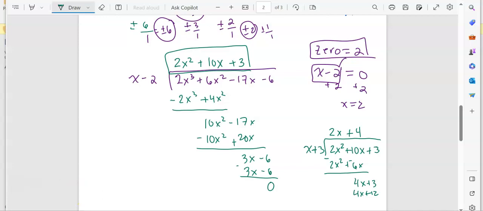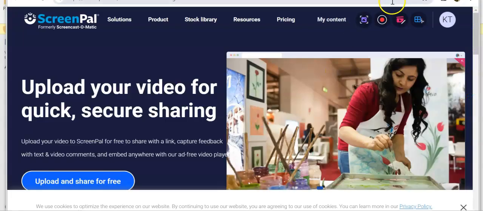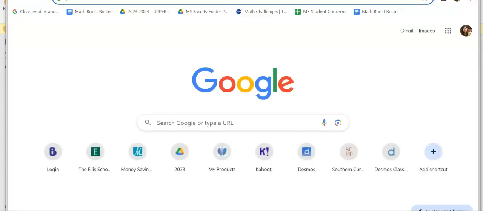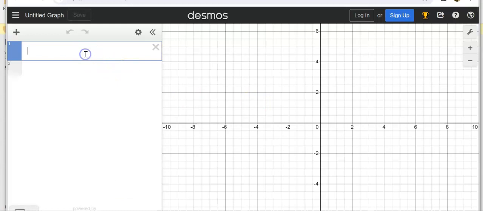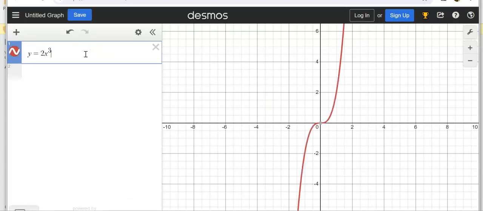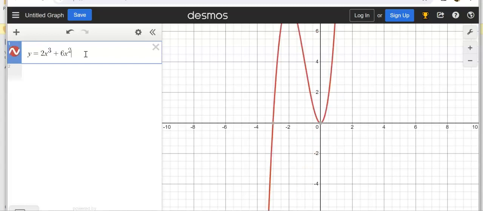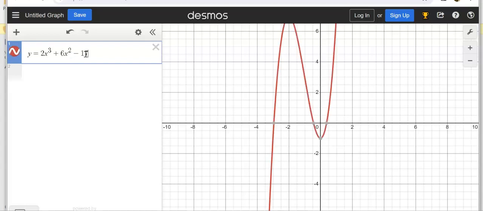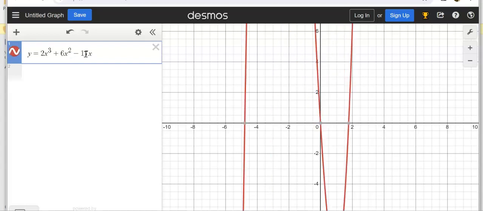We can double check this on Desmos, just making sure that that works. I know you don't have this option on the actual test, but I just want to make sure that this is the right answer, and that's a nice, easy way to do it.